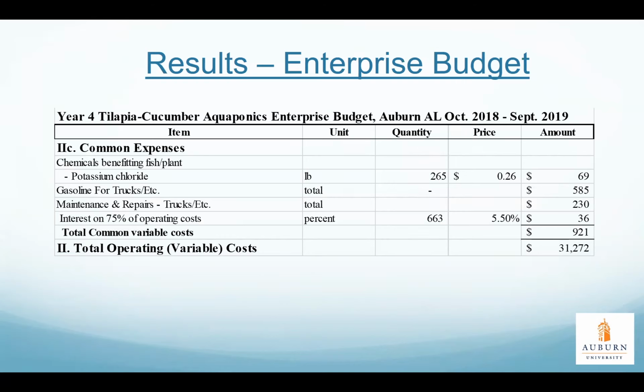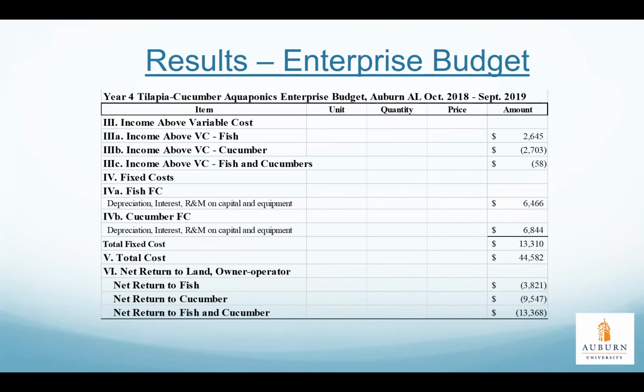And so we've split those too by itself, and then adding the tilapia and the cucumber variable cost, we get a total operating cost of $31,272. So we look at the income above variable cost for the fish, and we have a positive $2,645. Income above variable cost for the cucumbers, we have a negative $2,703, and we add those together for the whole operation, we're down $58.